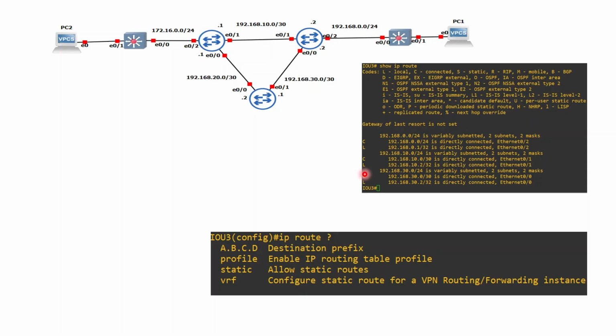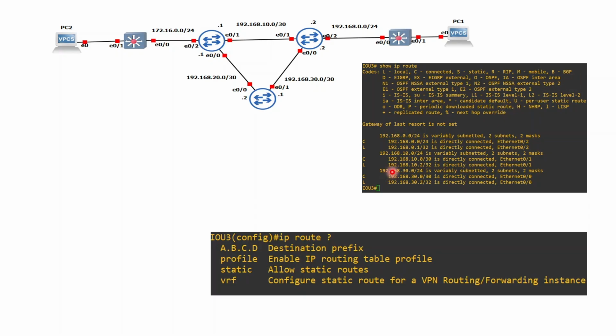Remember, with static routing, a network administrator must manually configure and tell a router how to reach a destination network. But what about R, M, B, D? These are dynamic routing. We are going to cover some of them, such as OSPF, RIP, EIGRP, and so on. BGP is not in the scope of your CCNA exam, so you're not supposed to know it.